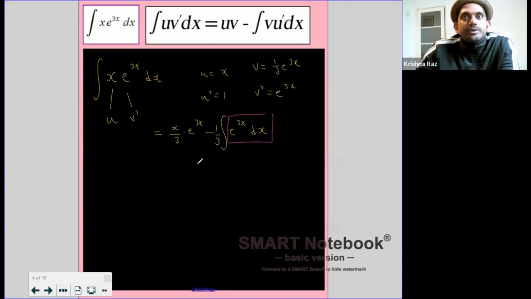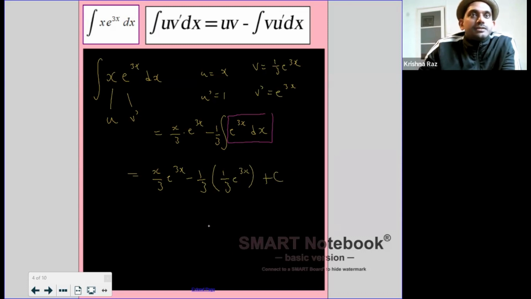There is now an endpoint. If I simplify, we have x over 3 e to 3x minus a third times a third e to 3x plus c. And so the answer will be x over 3 e to the 3x minus a ninth e to the 3x plus c.